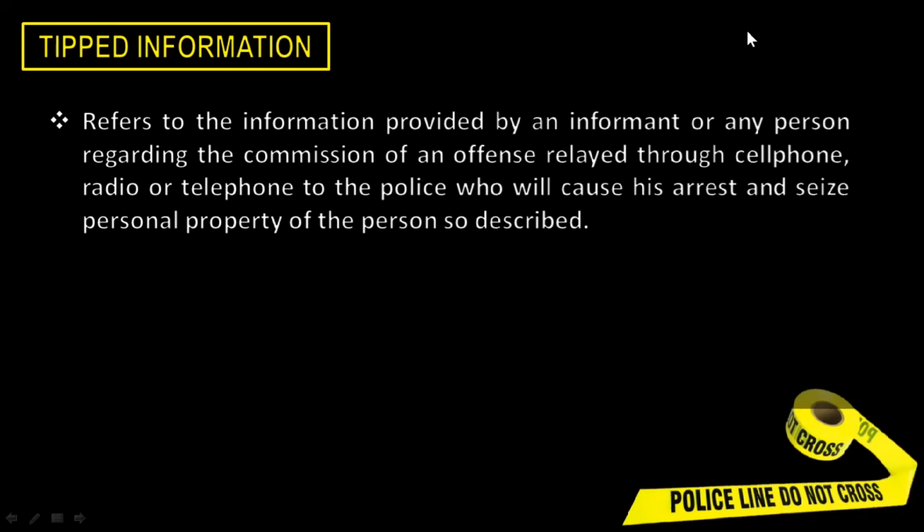So under this circumstance, valid yung search in consequence of tip information. So, kung meron nag-tip regarding the commission of the crime, along with describing the person who committed the crime and describing the property used in the commission of the crime. So, pag nag-search ka doon, magiging valid yun under this circumstance.